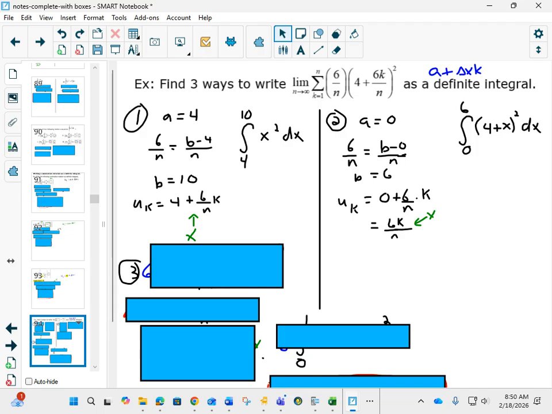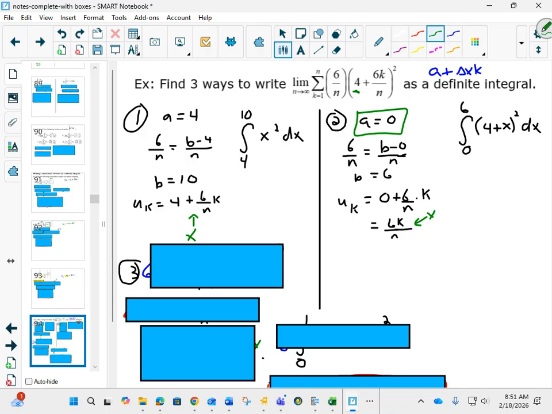The idea here, though, is technically you can choose any a value you want, any starting point. We almost always look in here, if there's a number plus something, that's the most obvious.